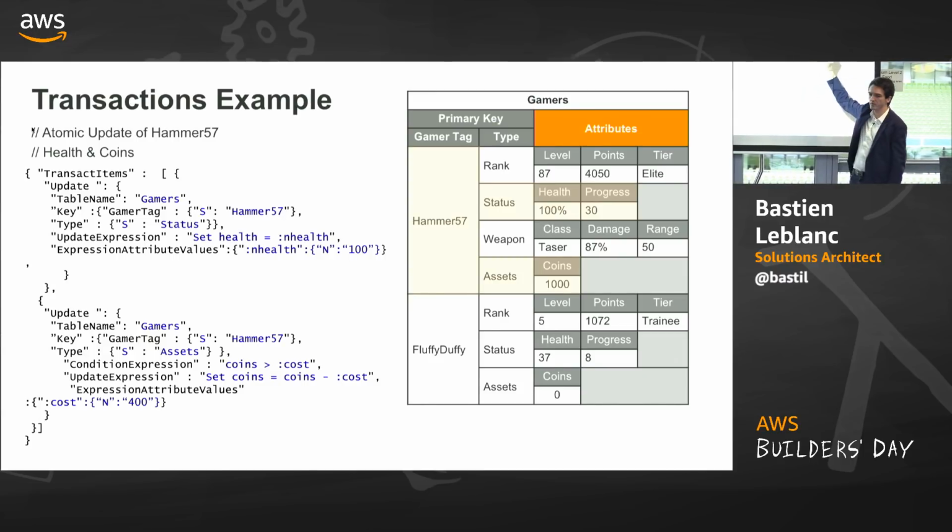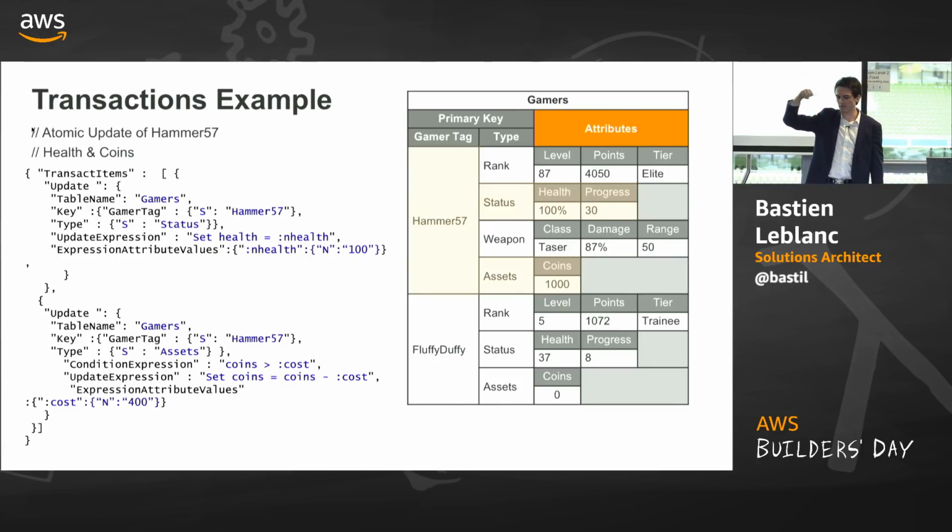But in this example, I don't want the coins to be debited if the health is not updated. For example, you had a potion that decreases your coins points, and you don't want the health to be left unrelated. So very simple, that's the transaction API. You just put the two updates, and you are sure that the two updates are done either together or not done at all.